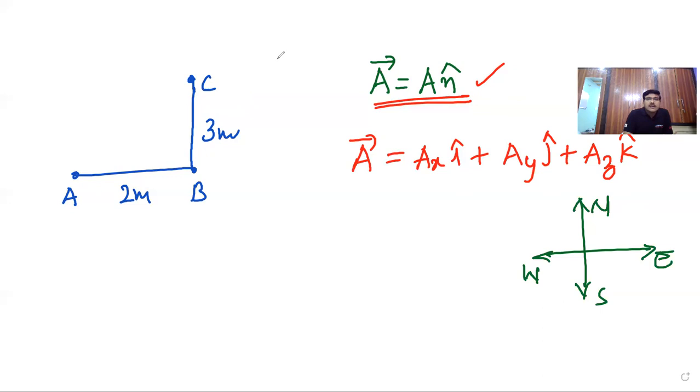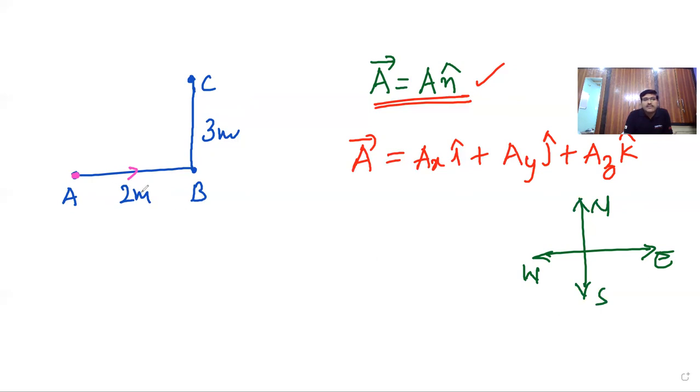Now observe, this is starting from where? Initial point A, the man is walking towards east, from A to B. East is positive, I have taken, that is the positive x-axis.